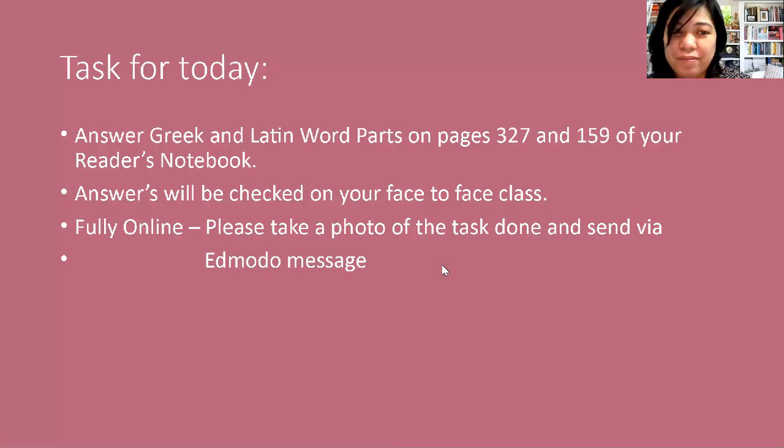So, the task for today. Since we're done with the guided practice, this is your independent practice. You will need your reader's notebook. You have to answer pages 327 and 159 of your reader's notebook. This one is just a practice, using the Greek and Latin root words.